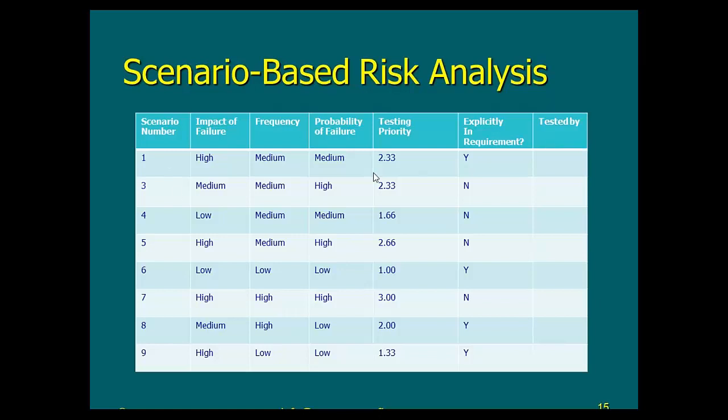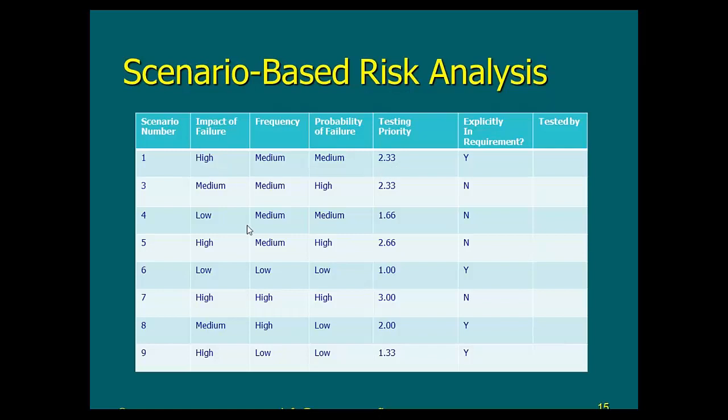we start assigning those, and based on those 3 factors, we calculate a testing priority. And obviously a scenario like this that has a testing priority of 1.33 is not going to be tested first. So we're going to focus on the ones that are 2.66 and so on. And just in case you did not notice this already, the way we calculate this is by averaging those.